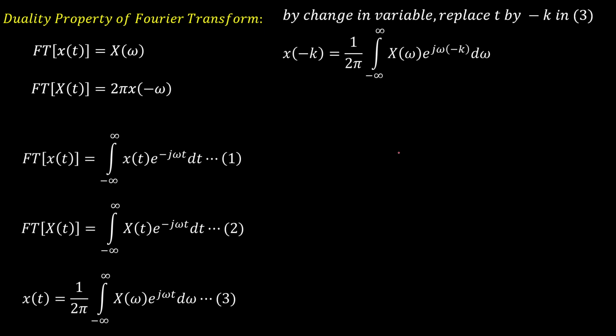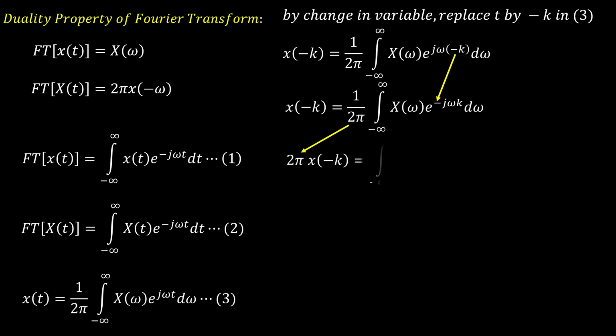Now, this minus sign, we will bring in front of j. So, this will be the new expression. In fact, we will bring this 2 pi on the left hand side. So, this will be the modified expression.